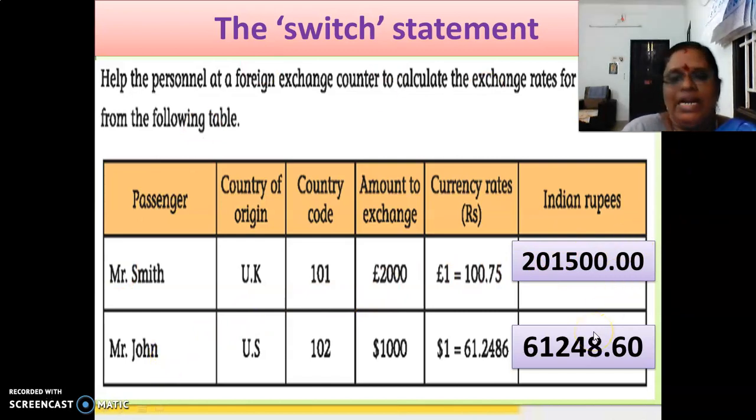Yes, we calculated this in our C programming, right? I hope you all remember in C programming we wrote to calculate this amount using the country code in switch statement, right? If country code is 101, we calculated, isn't it? Do you all remember that C programming? Yes, so the answer for that is given here. Okay? Yes.